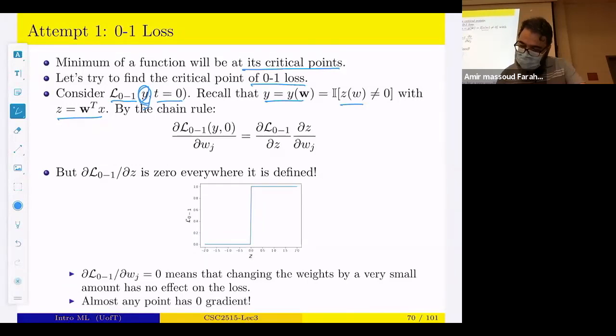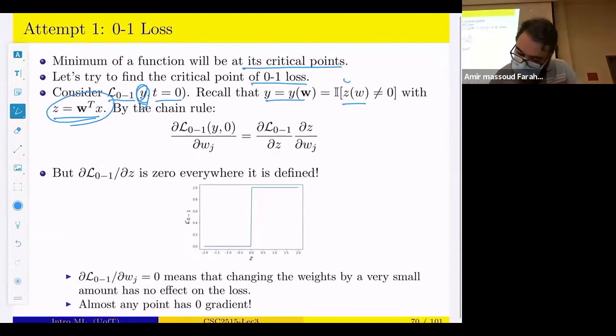I need a thresholding here too. So this is just a linear function, but I need to threshold it first to get y. So this would be correct. There's a thresholding step too that I kind of missed here. It shouldn't be that. Now we want to find the gradient of it.